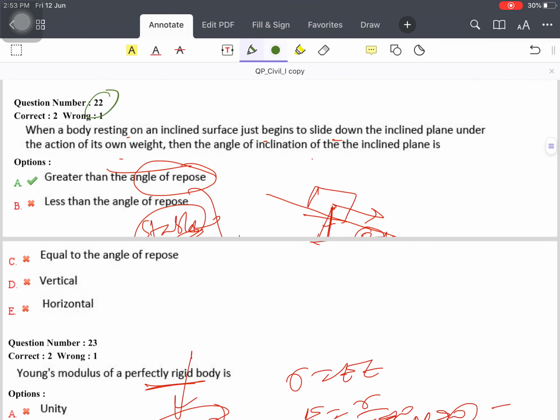Question number 22. When a body resting on an inclined surface just begins to slide down the inclined plane under the action of its own weight, then the angle of inclination of the inclined plane is. Just begins to slide down means greater than the angle of repose.